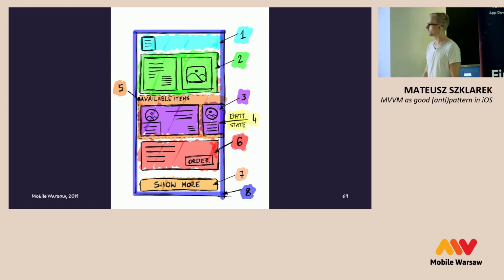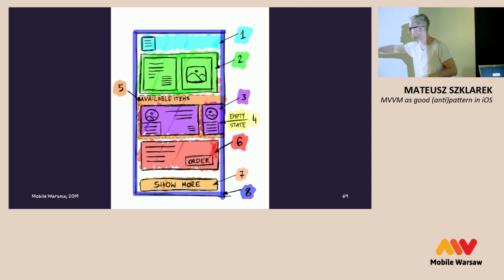Okay. There is one parent, so the correct answer is 5. There is one parent with 5 children, and one of them contains another 2 children: this empty state and scrollable list.